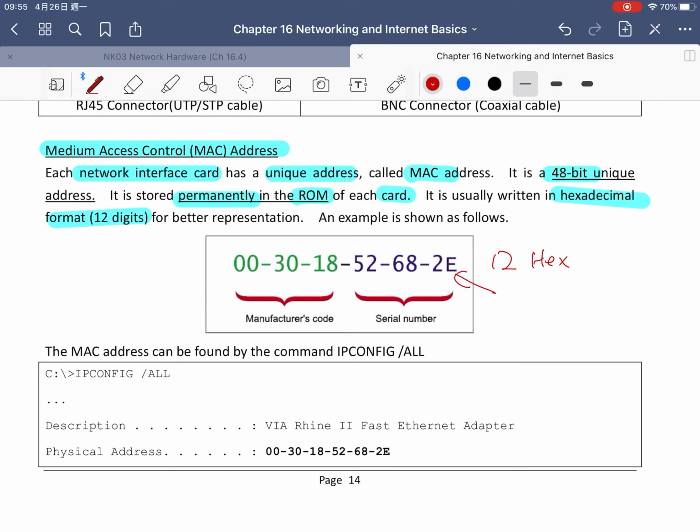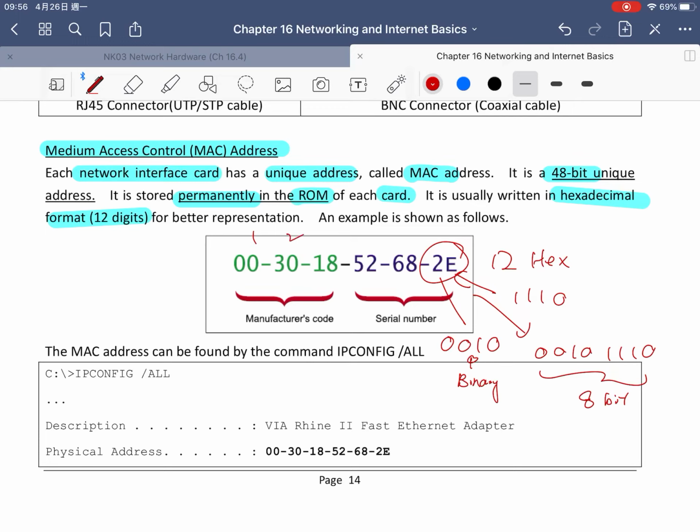For example, 2, if you use the calculator, is 0010 in binary. E is 1110. You can use the calculator. So 2E here should be 0010 1110. It is 8 bit.